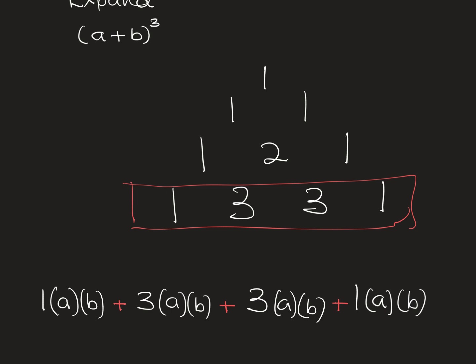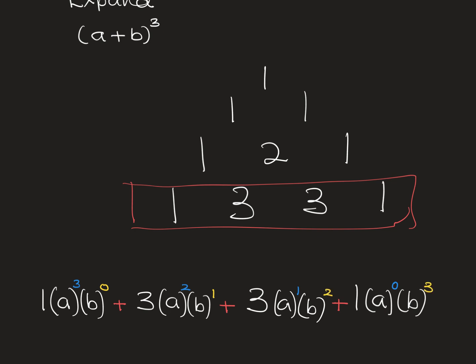That is to say, we will have a as power 3, then power 2, then power 1, then power 0. So what of b? b will ascend from 0, 1, 2, 3.